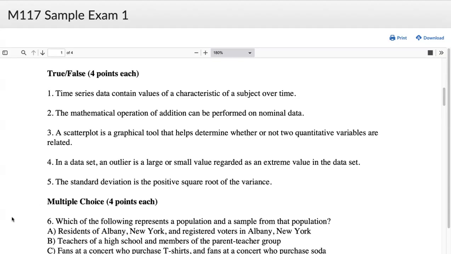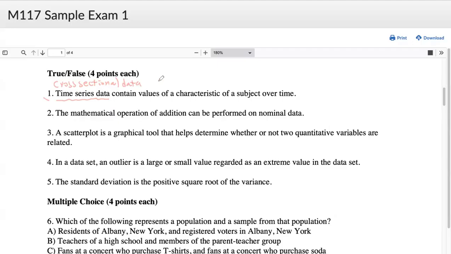Let's see the true or false questions. For the first one, the key point is we need to know time series data and also cross-sectional data. When we're collecting data, we're collecting those two types.